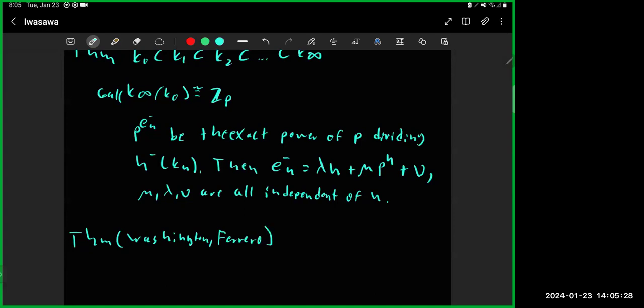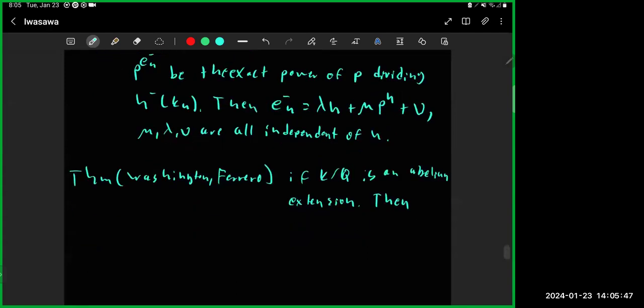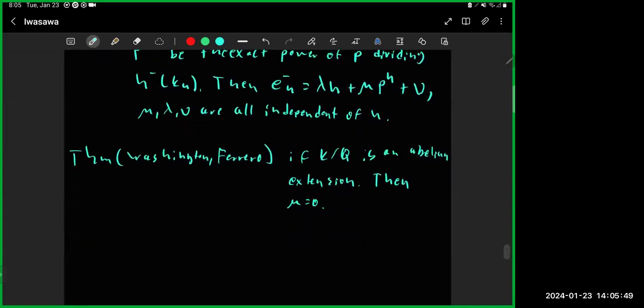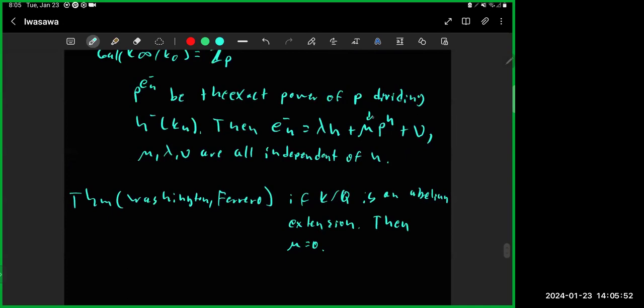It says that if K over Q is an abelian extension, then mu is equal to 0, mu being the constant we had in the theorem. Proving the Washington-Ferrero theorem is incredibly difficult.